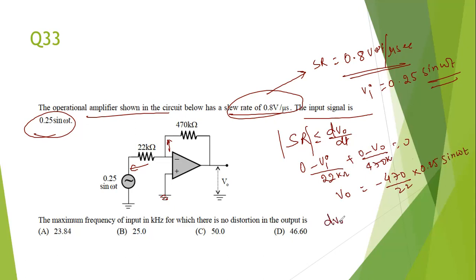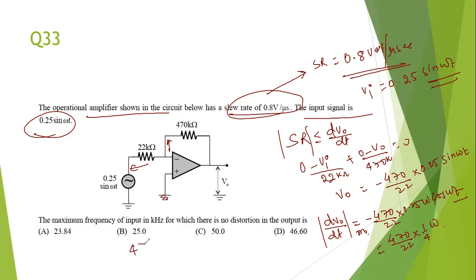So what is dV0 by dt? It is minus 470 divided by 22 into 0.25 omega into cos of omega t. Its maximum value, the mod value, is 470 divided by 22 into 1 by 4 into omega, and this will be equal to the slew rate.